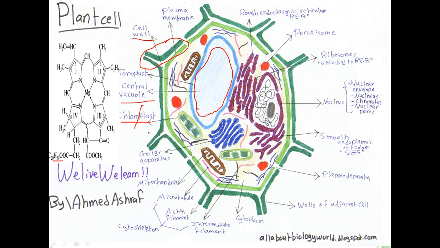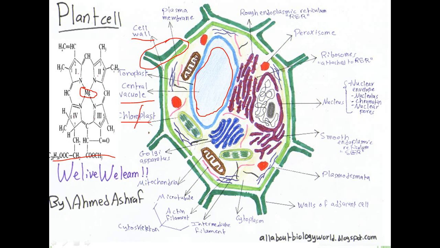This structure here, which is not mine, shows the structure of chlorophyll. It's four pyrrole rings connected with a magnesium ion, in comparison with our hemoglobin, which has an iron ion in the middle.